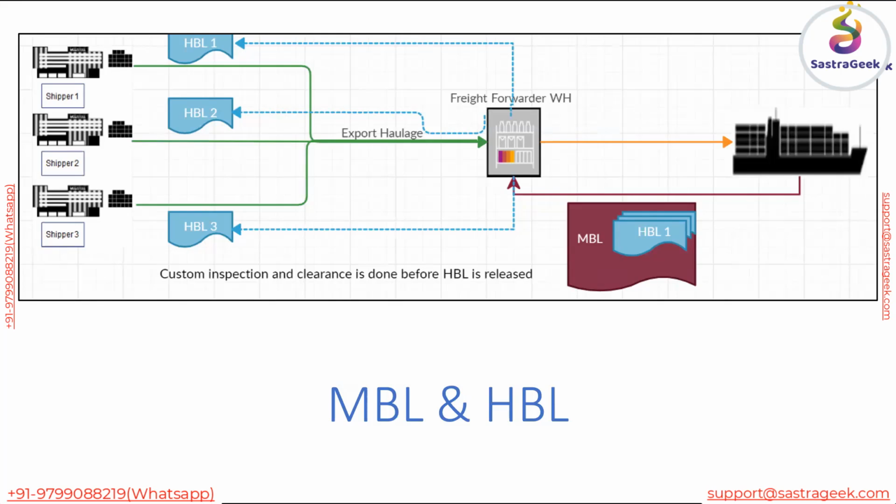The carrier generates a master bill of lading from their own system and communicates to the freight forwarder that for this transport, for this container, this is the master bill of lading. One master bill of lading can consist of multiple HBLs, and the master bill of lading is generated from a freight order.